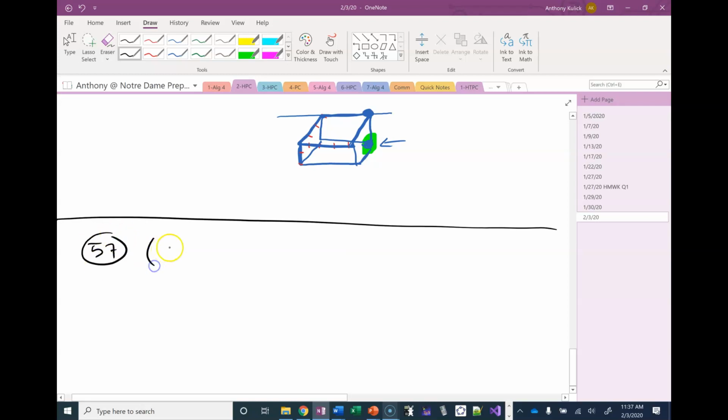So this is just like 55 was. The only difference is that we have our vector written in this standard or linear combination form.